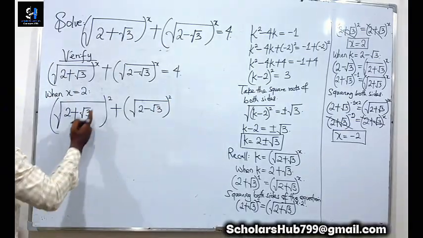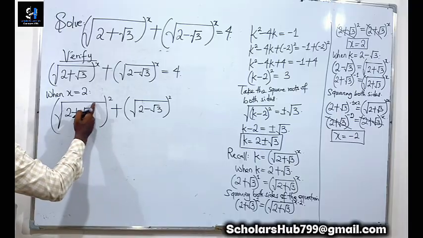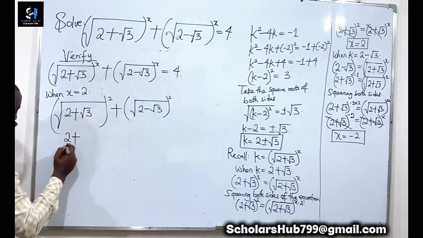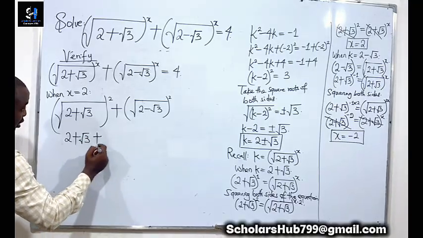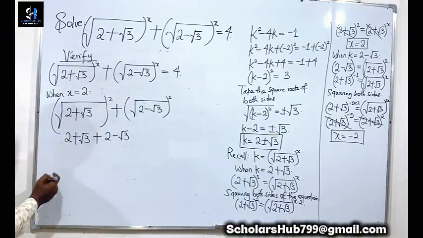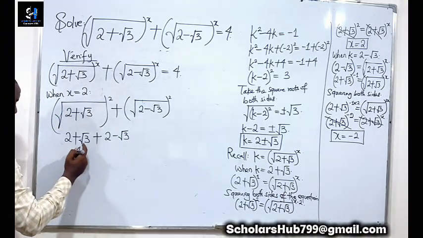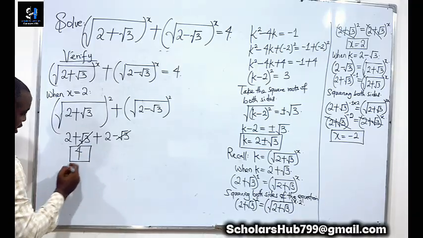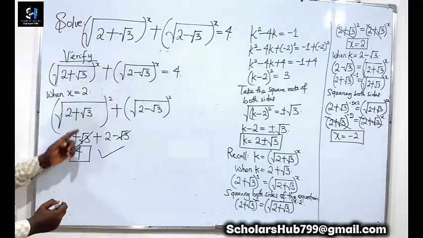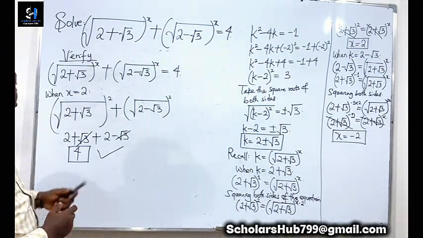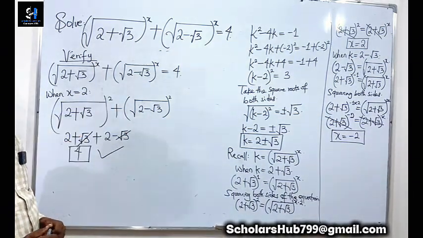Now the square and the square root cancel, so this will reduce to 2 plus root 3, then plus this will reduce to 2 minus root 3. 2 plus 2 is 4, then root 3 minus root 3 is 0. So the value of x, which is 2, satisfies the equation.